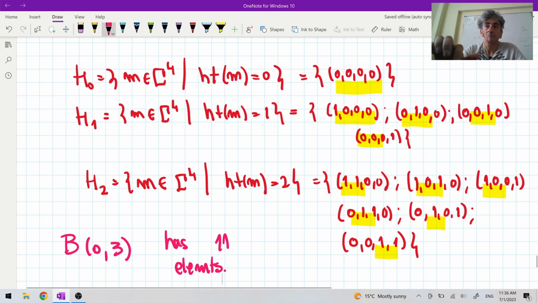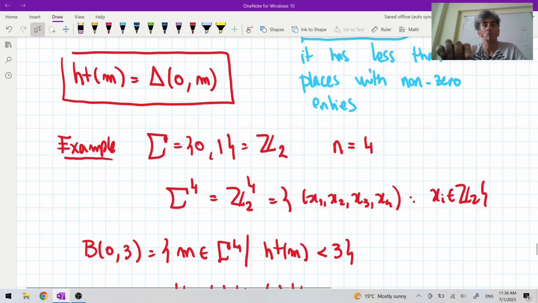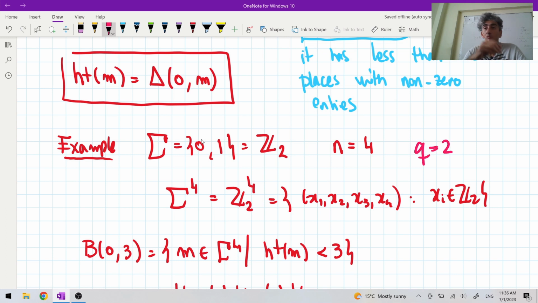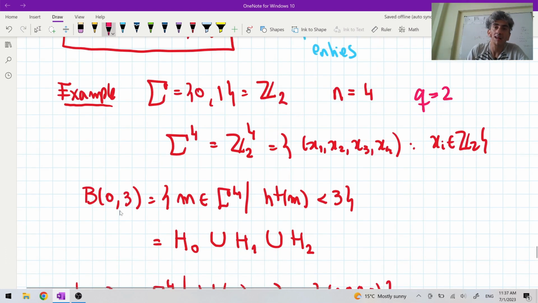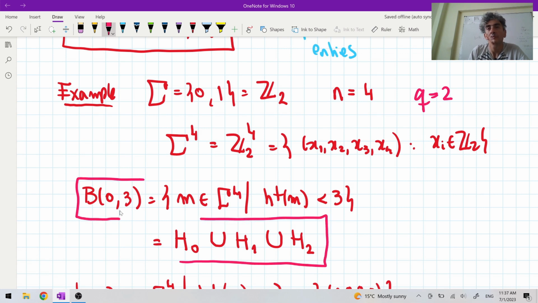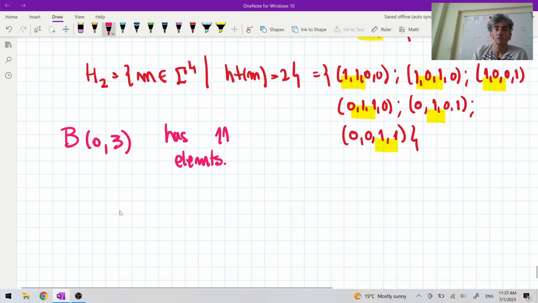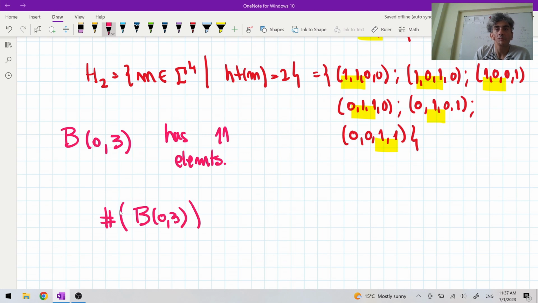Okay, this alphabet is a very small alphabet, 0 and 1, and the block length is 4. Okay, here q equals 2 and n equals 4, right? And we have seen that we have written this ball as a union of disjoint sets. And we will see that the number of elements in this ball is actually the sum of the number of elements in the set of height i.